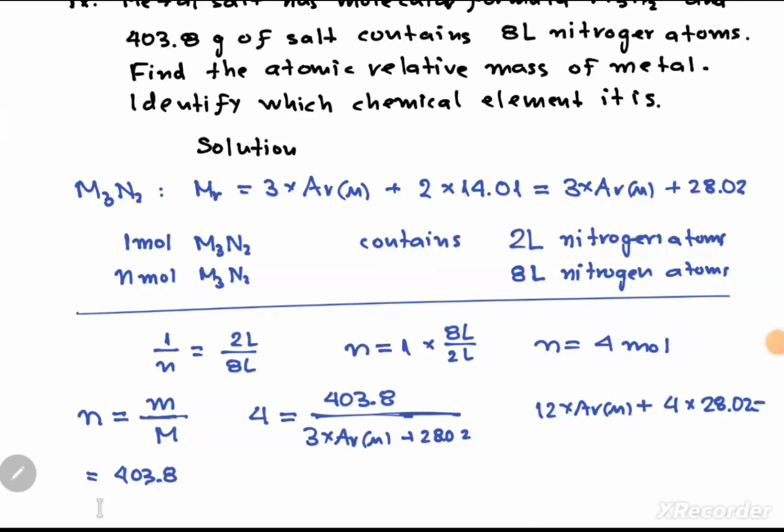So we have, and the result is AR of metal is equal 24.